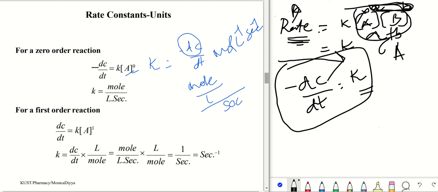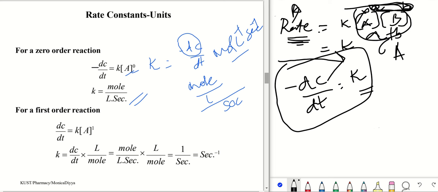The units of a rate constant are very important. When we are calculating the reaction rate, we must always include these units. Also, in most practical problems, based on these units we can come to know what order the reaction is following. Sometimes we will not be told that in this particular zero order reaction we should calculate the rate constant.